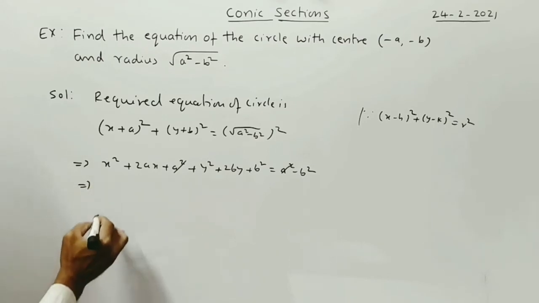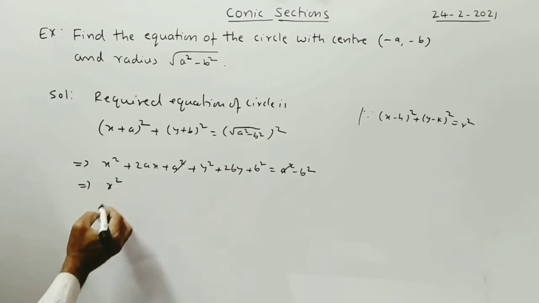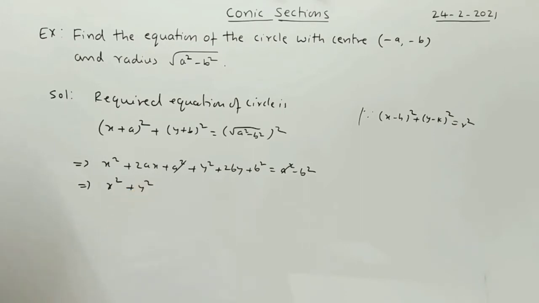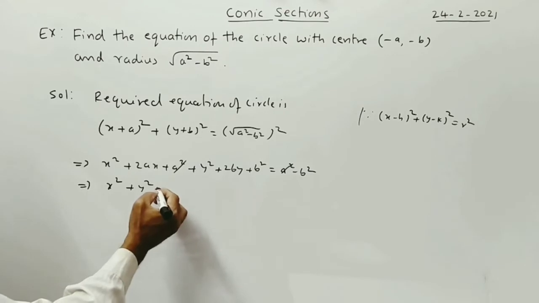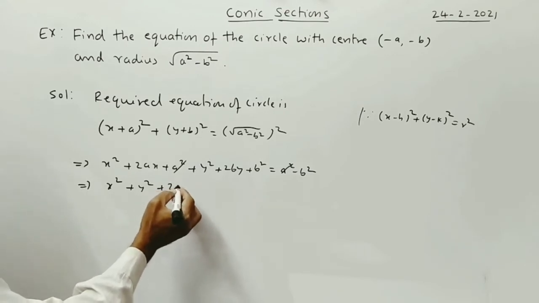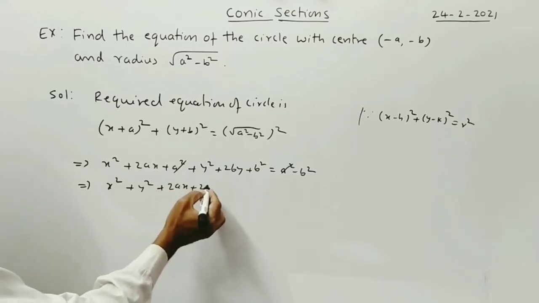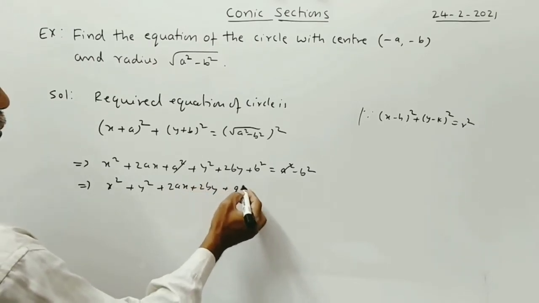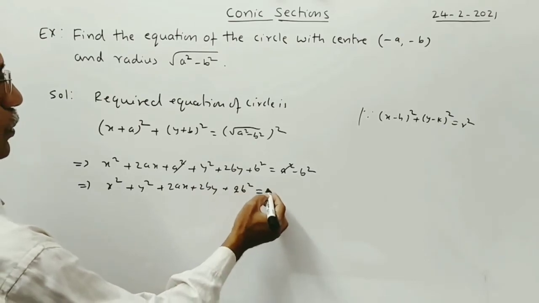Then next step is x square plus y square plus 2ax plus 2by plus 2b square is equal to 0.